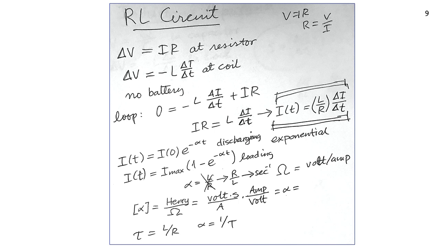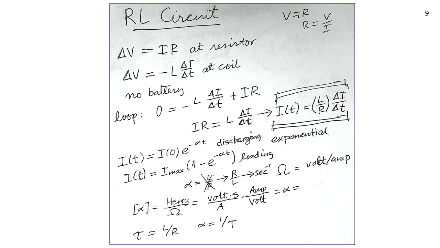So the loop equation is simply this: 0, battery, equals minus L delta I over delta T plus IR.